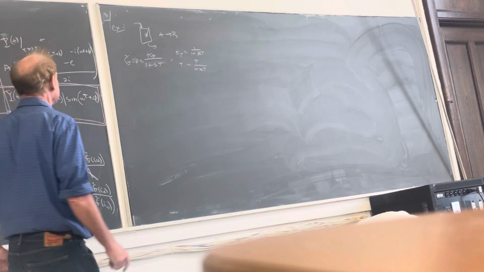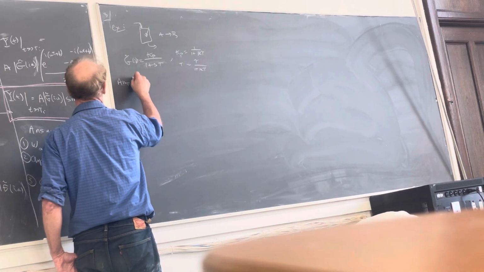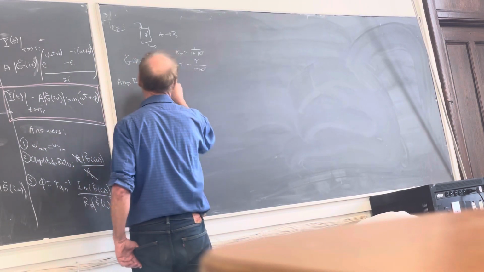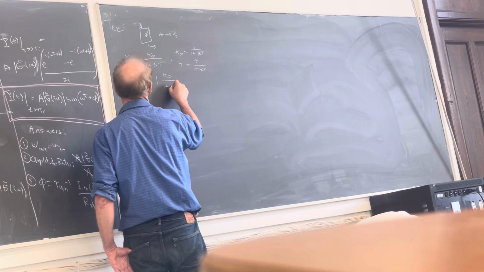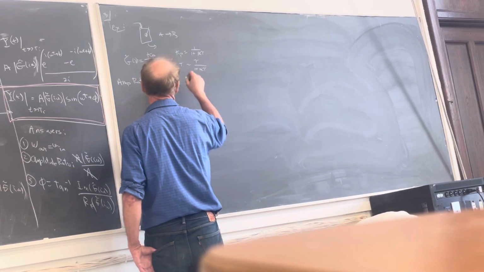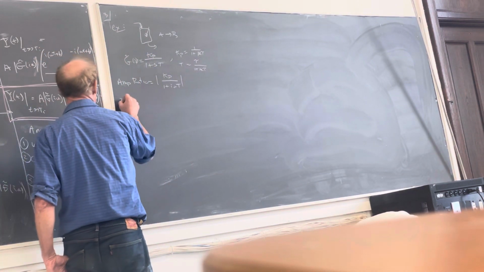So now let's calculate the amplitude ratio. Amplitude ratio is the magnitude of G tilde of I omega, Kp over 1 plus I omega T. Let's figure out what that is. That's equal to Kp.